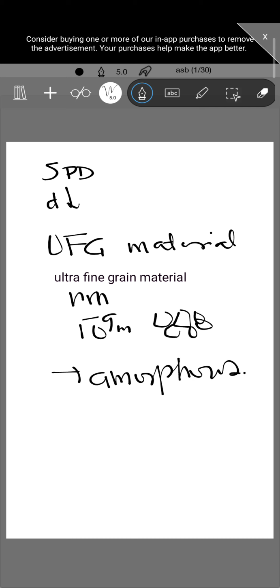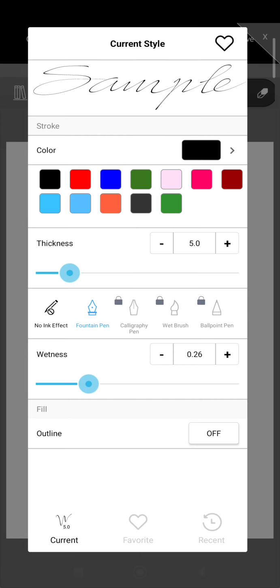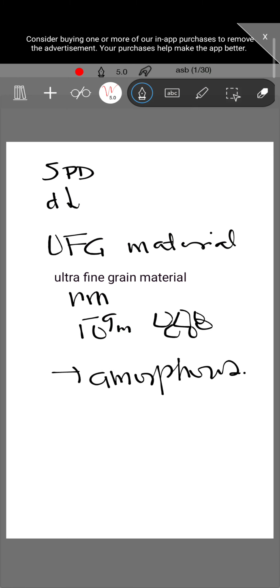So at this point of time, we would like to regrow the grain. What we will do is heat it, apply some sort of heat, so that the heat will again cause grain growth, and this process is known as recrystallization.